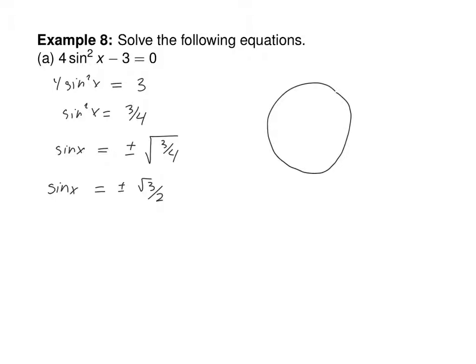So you've got to figure out when the sine is root 3 over 2. That's the y, right? So this is the point root 3 over 2, 1/2. This is the point 1/2, root 3 over 2. So pi thirds is one place, right?